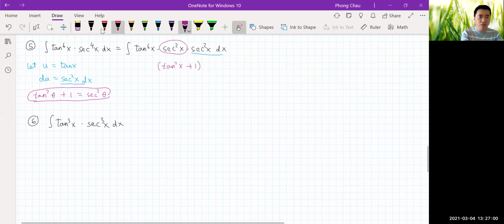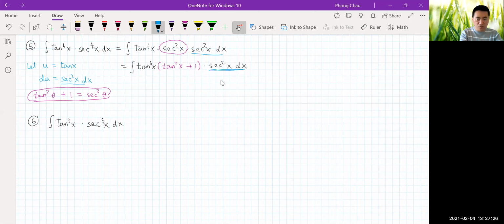So let's see how that works. You have tangent to the 6th, and then that is times secant squared of x dx. You see everything is in terms of tangent except that secant squared dx, which turns into the du.